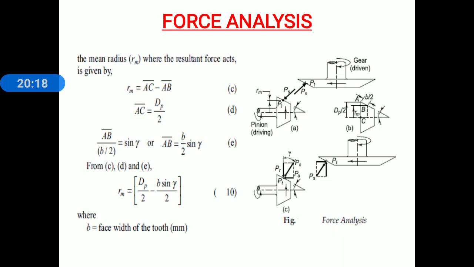Now here the important thing is how to find the mean radius. The mean radius, where the resultant force acts, is given by the relation in figure B. Everyone observe figure B. In figure B, R suffix M, the mean radius, is AC minus AB, because point B is the midpoint of the face width. Now observe figure B: how do we get the value of AC?